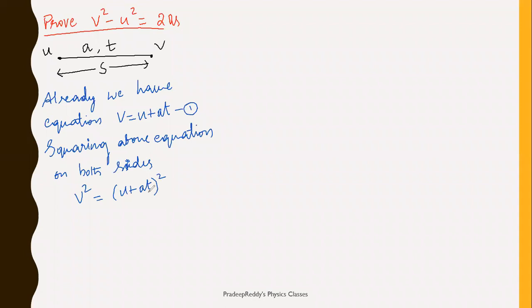Right? Now this is v square is equal to, it is (a plus b) whole square. (a plus b) whole square is equal to a square plus b square plus 2ab.